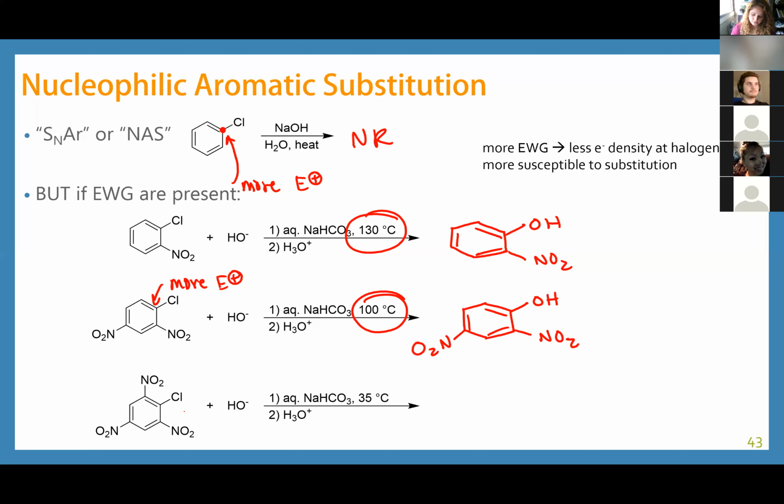If we have 3 nitro groups present, this will happen at 35 degrees. We're almost at room temperature. Okay, does this make sense so far?